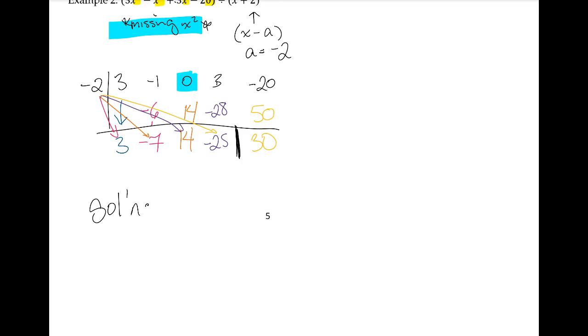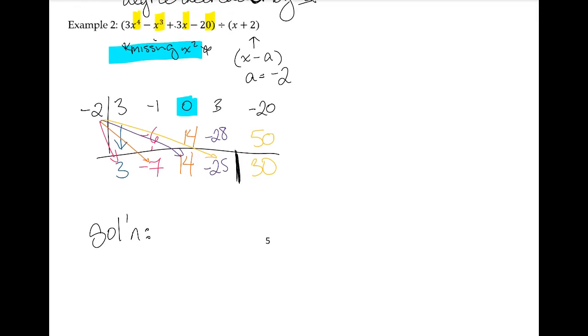The only thing I'd have to remember is that I have to decrease that x exponent by 1. So when I write 3, I'm talking about x not to the 4, but to the 3. Then going from there: -7x squared plus 14x, and then -25 plus my remainder divided by my binomial.